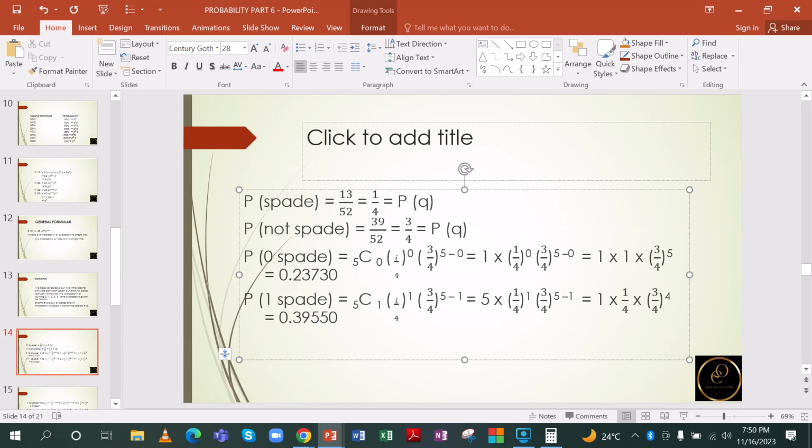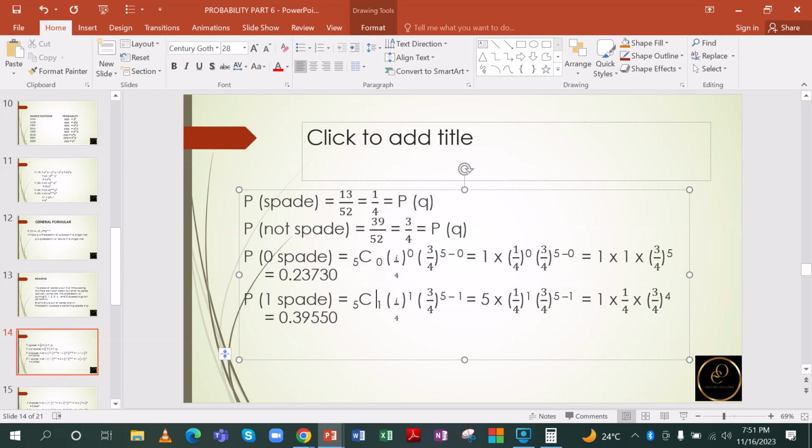That's what it means. Are we together? So if you work this out, it simplifies to 0.23730. That's the probability of drawing 0 spades. Are we together? Yes, sir.